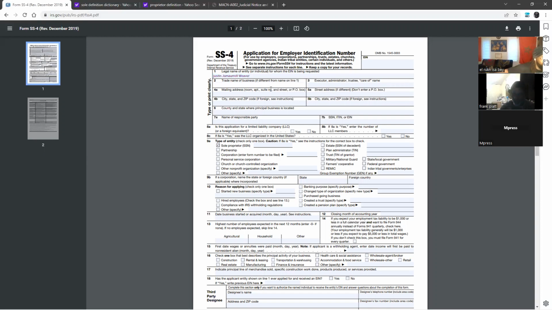Trade name or name of business is different from line 1. It's the same. Now this is where you add your L and your Bay, because now this business is going to be in the care of. Since this is a sole proprietor, let's see what sole proprietor means.